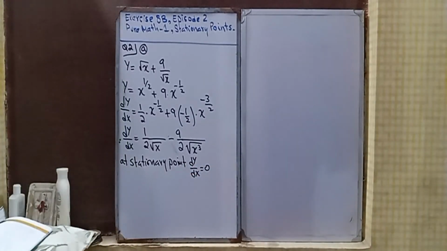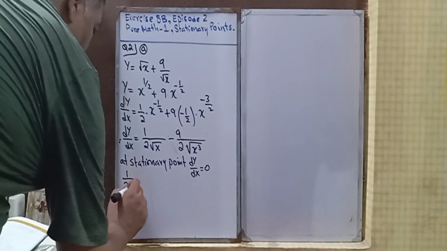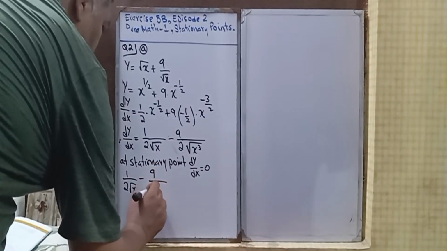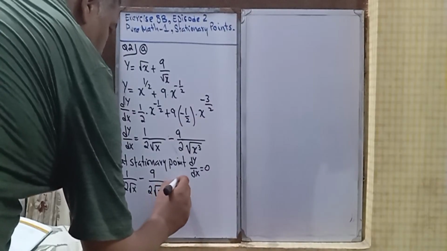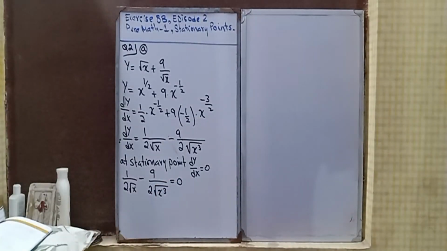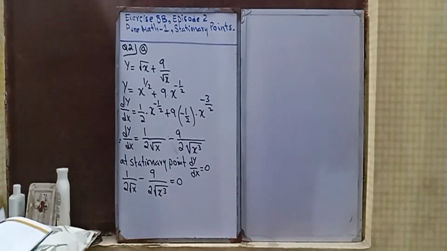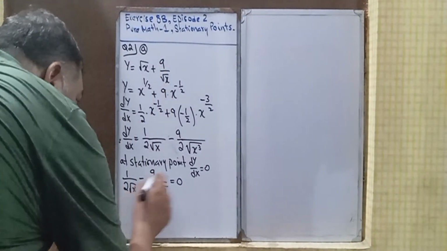I will write this as 1 by 2 under root x minus 9 by 2 under root of x cube equals 0. Now I can take it to the other side.